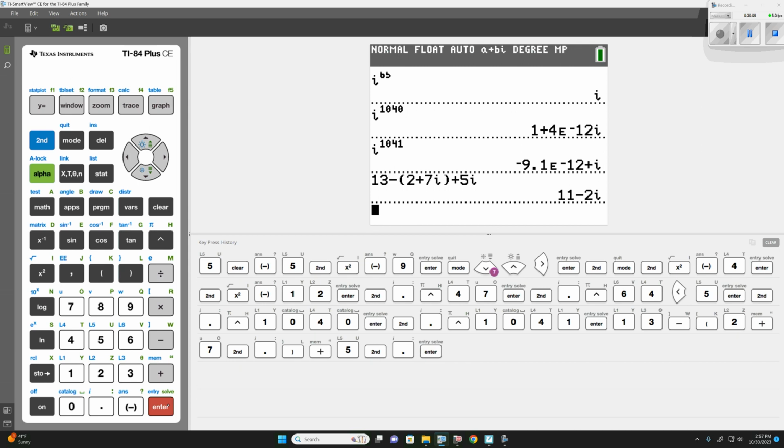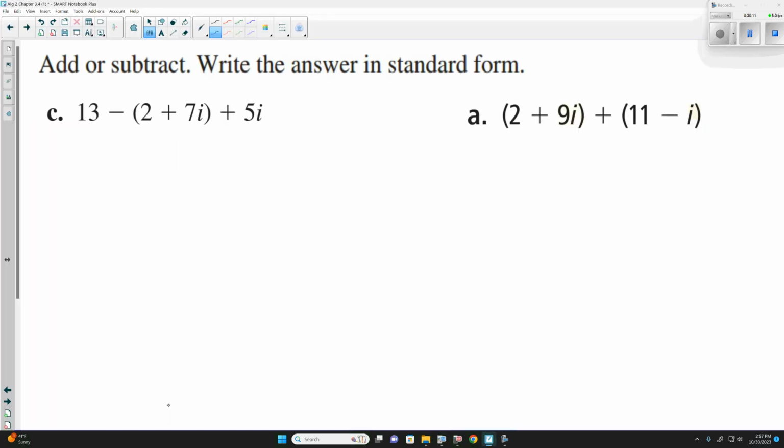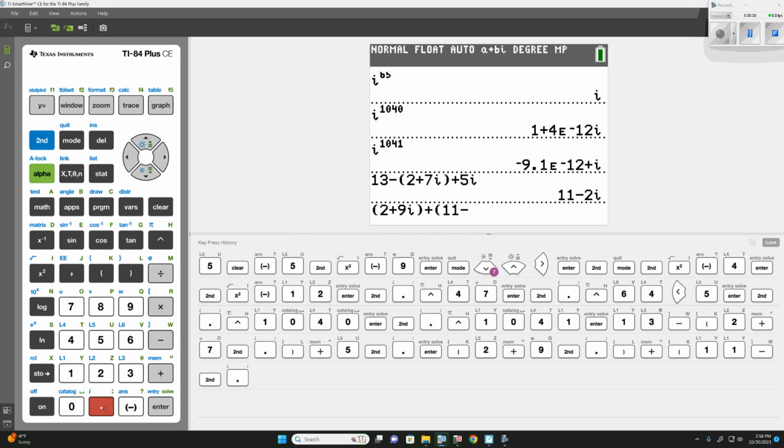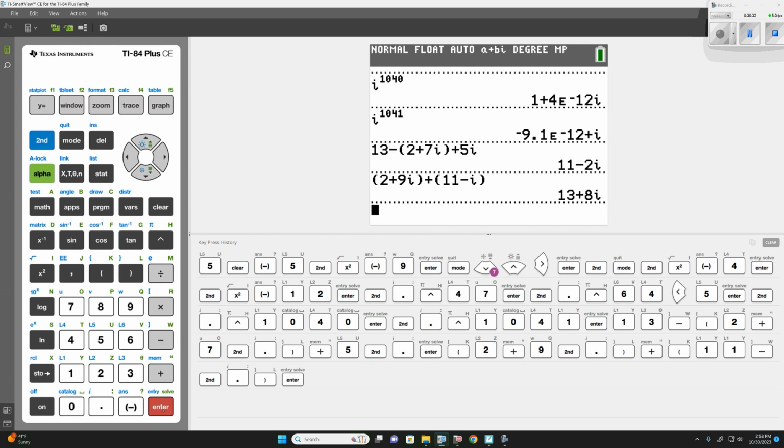You just have to check it out. So 2 plus 9i plus 11 minus i. So parentheses 2 plus 9 second i plus 11 minus i is... okay. Number 4.